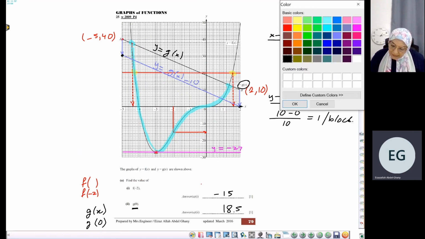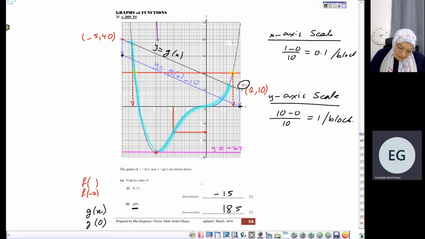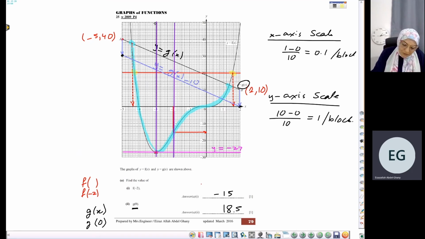I'll draw in purple. X equals negative 3, x equals negative 2, and he needs the part which is just lying between them. I'll try to shade in yellow in order not to distort the whole question. This is shading in yellow. Those two regions, I don't want them. Okay, next.